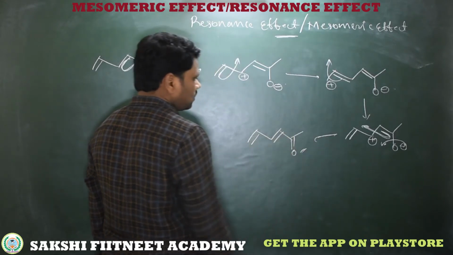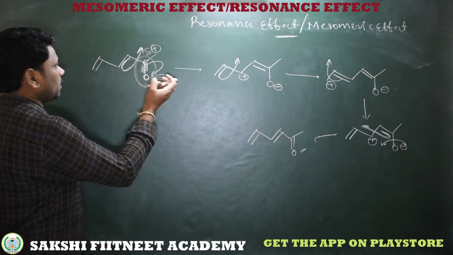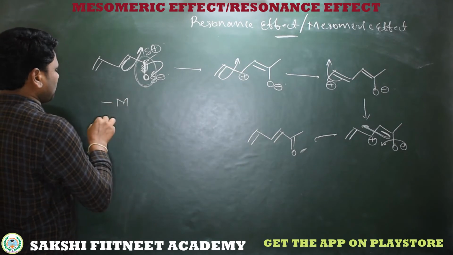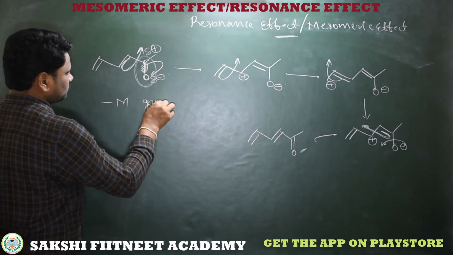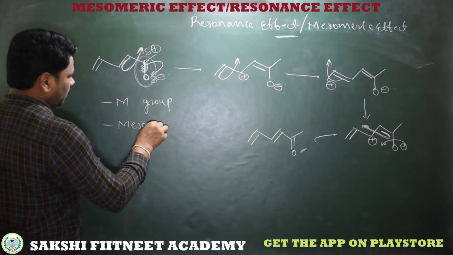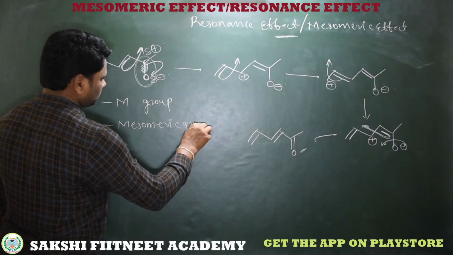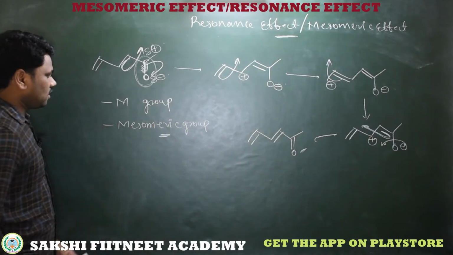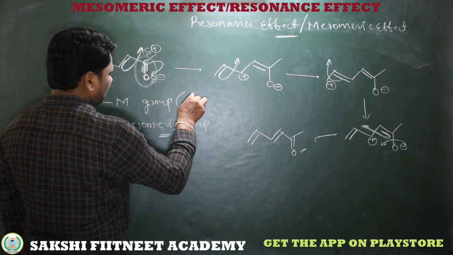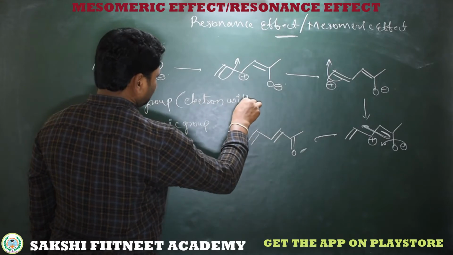So this is the group which, bonded to the conjugated system, withdraws electrons, called a minus M group, or minus mesomeric group, or electron withdrawing group.